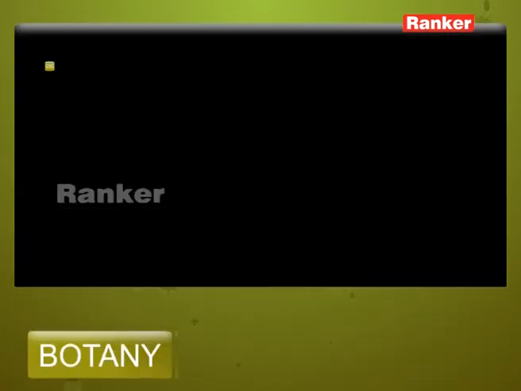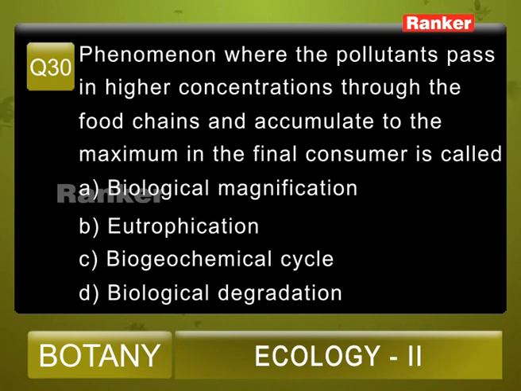Question number 30. The phenomenon where the pollutants pass in higher concentrations through the food chains and accumulate to the maximum in the final consumer is called A. Biological magnification, B. Eutrophication, C. Biogeochemical cycle, D. Biological degradation.